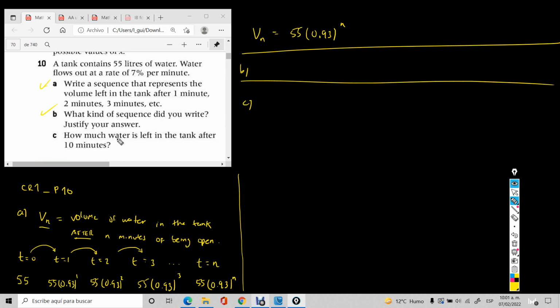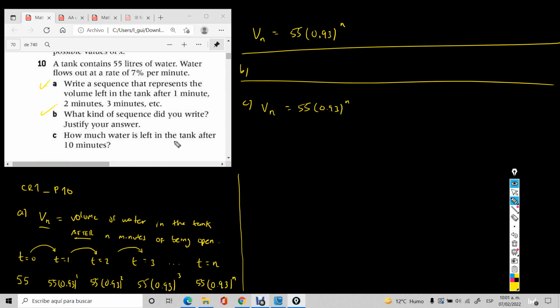C. How much water is left in the tank after 10 minutes? We're going to use this one. Remember, what is this formula? It is the volume of water in the tank that is left after n minutes of being open. If I want to know how much water remains at minute n, then I use this formula.